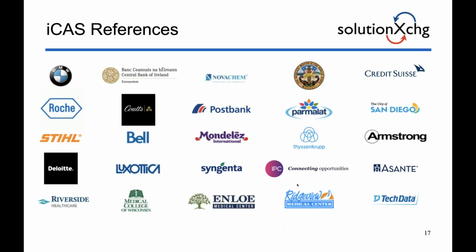To give you a few references on customers that are actually running iTernity ICAS, BMW has thrown out its entire EMC Centera landscape globally and replaced that with iTernity ICAS. We have customers here in the US like Stihl, the chainsaw manufacturer. We have customers like Bell Canada, a telecom, that are using our solutions, healthcare providers.